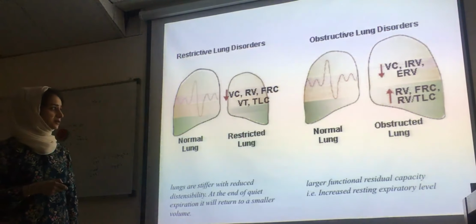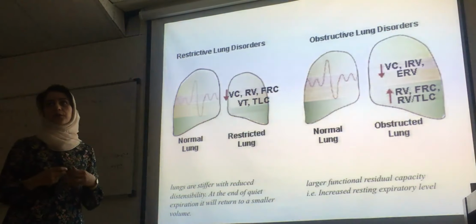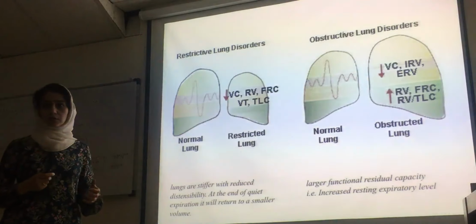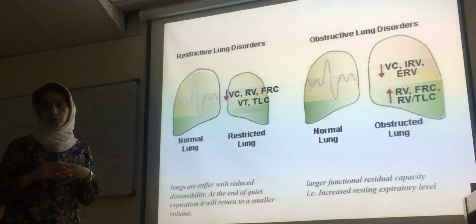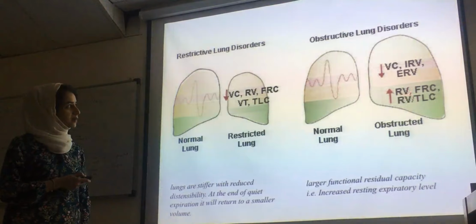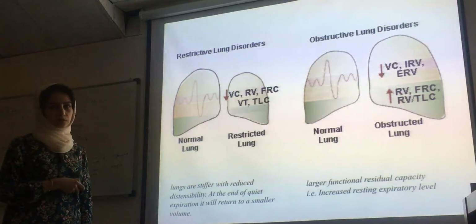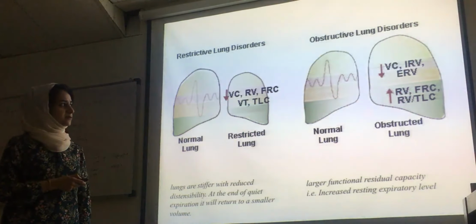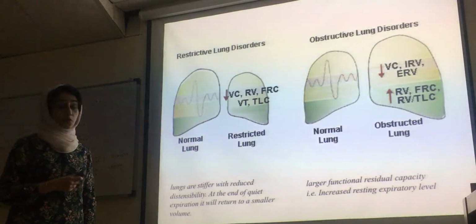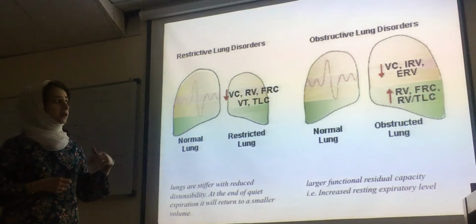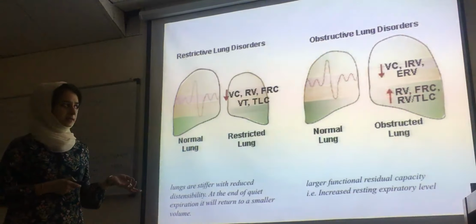While in the obstructed lung, especially those with a severe lung obstruction or emphysema associated with increase in compliance, what will happen? There will be increase in the residual volume, increase in the functional residual capacity. Why does residual volume increase in this case?